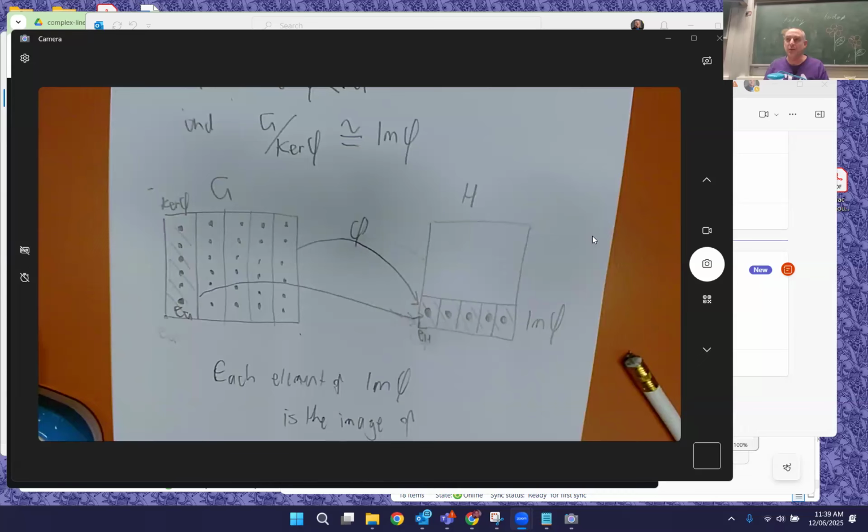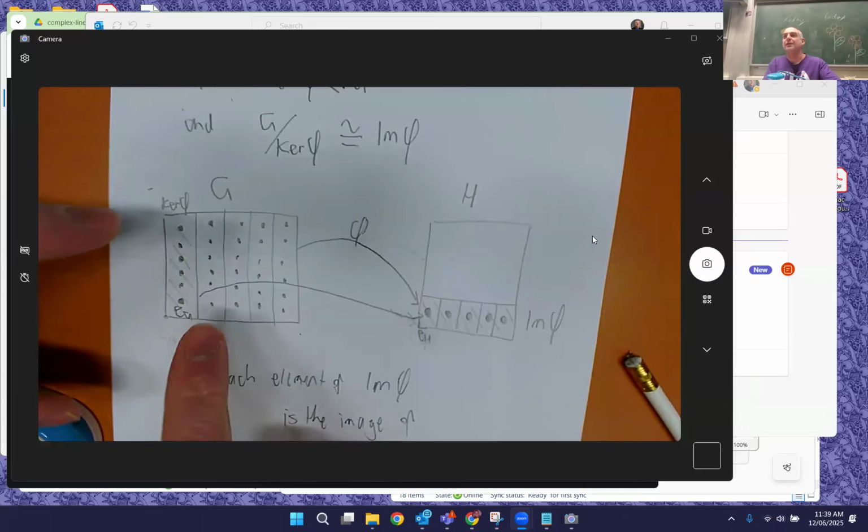So it is totally possible for H to be smaller than G. It's just you get bigger cosets over here.